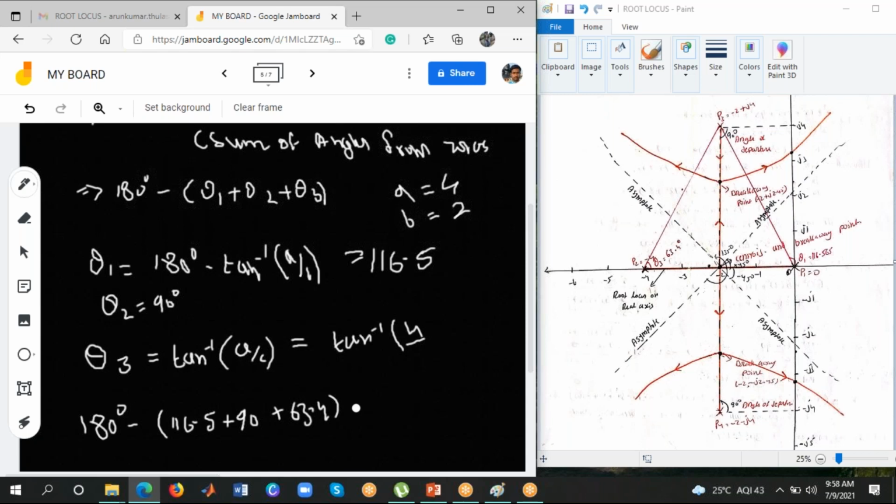What is the total value? 0.1. So be careful. Check once. Right. So it is approximately -90 degrees.